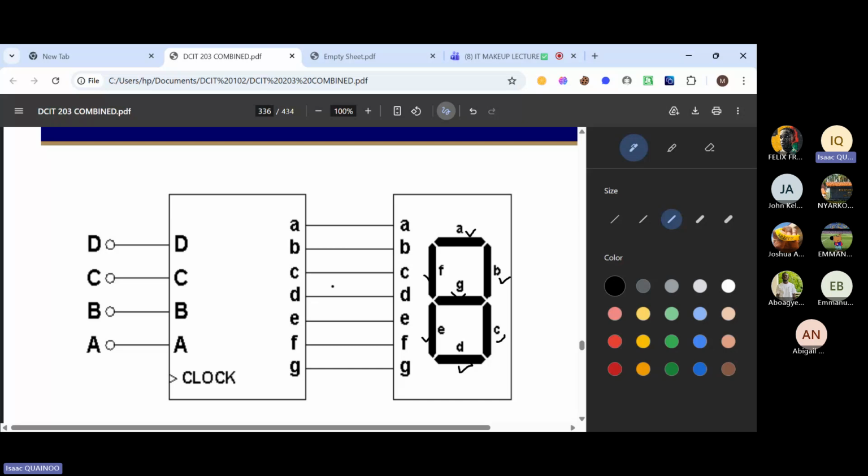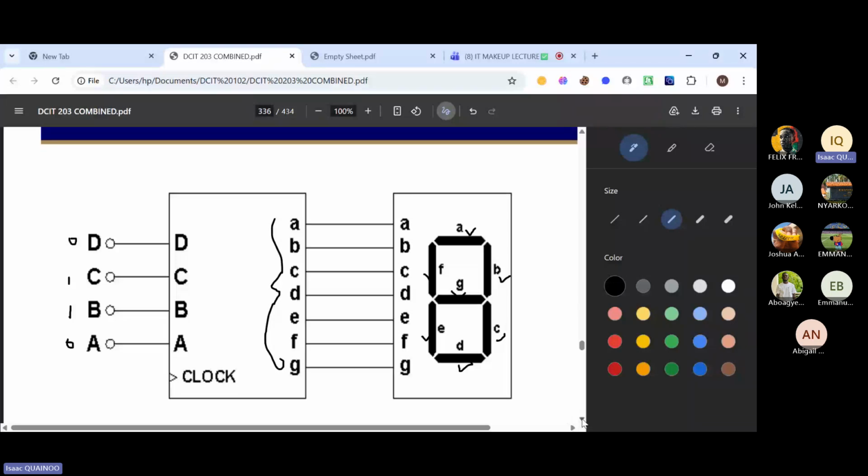Okay. So what happens is that if our A is 0, our B is 1, our C is 1, our D is 0, we are going to denote the corresponding outputs, and I'm going to show you how to denote the corresponding outputs in a moment.